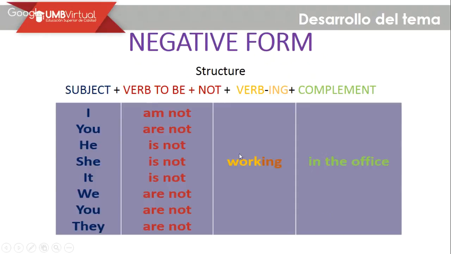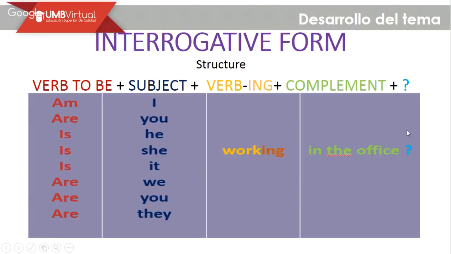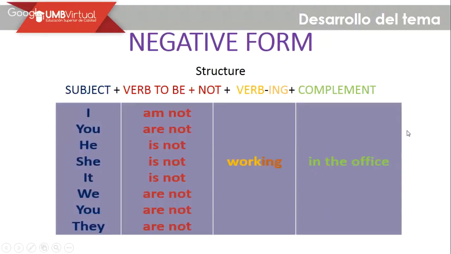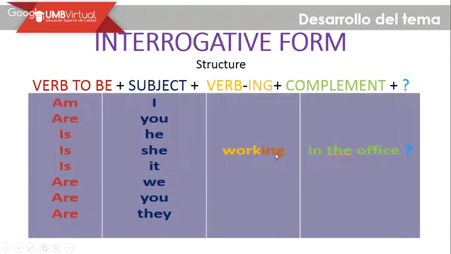In this case, we're going to have just to add the particle not, the word not in here, to form the negation. And the rest is exactly the same. Now we're going to move to the interrogative form. As I was telling you at the beginning, we are going to move the verb to be at the beginning of the sentence.